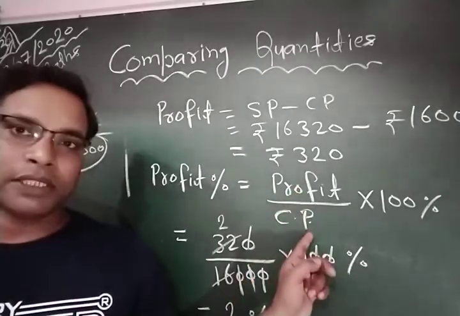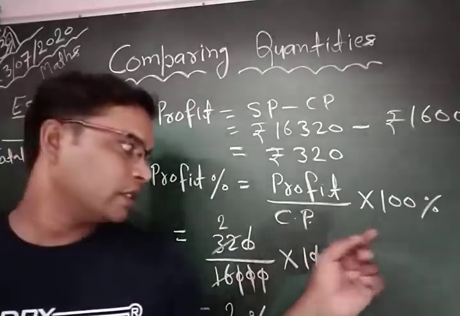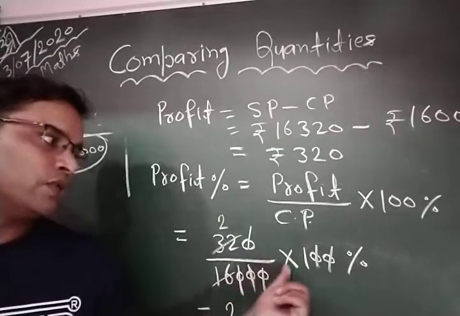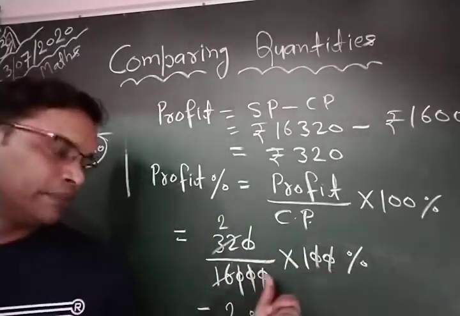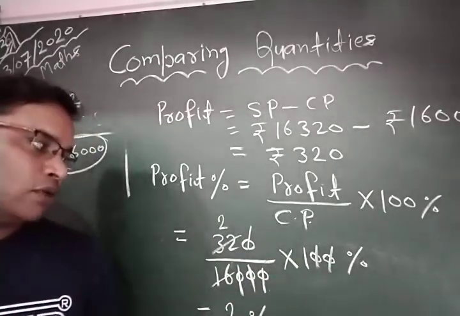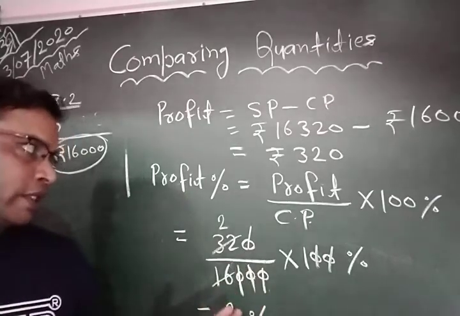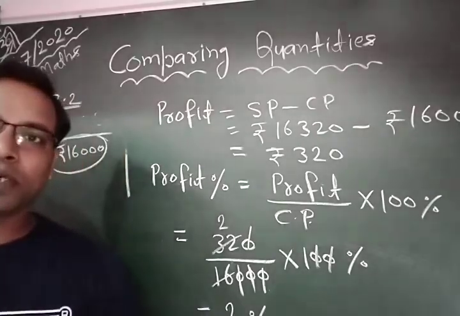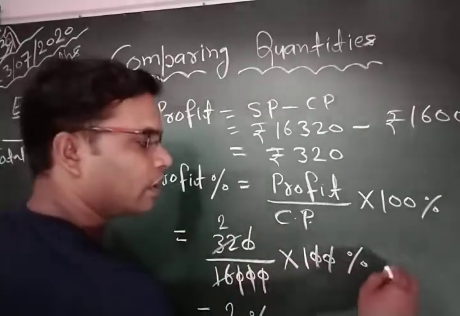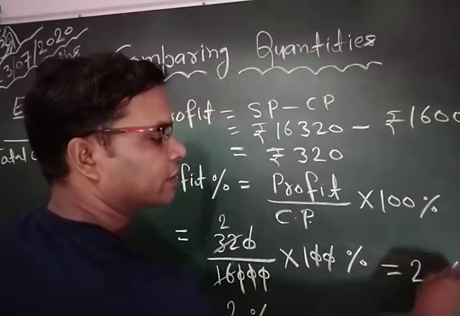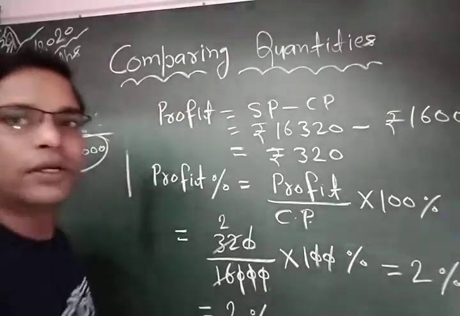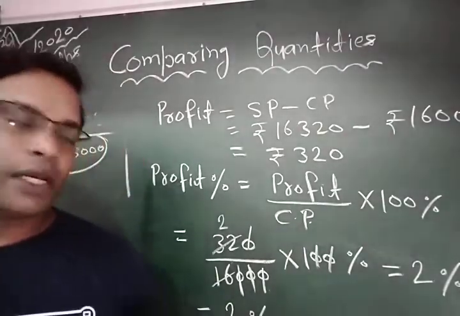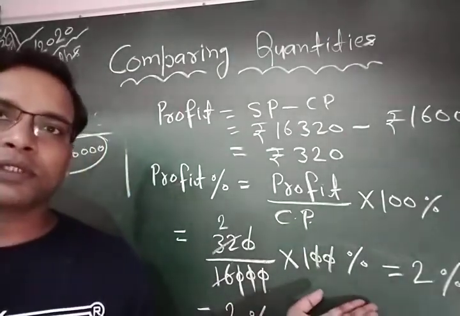So it is 320 by 16,000 into 100%. We simplify it and find profit percentage is equal to 2%. So you can say in the whole transaction we find 2% profit. Students, I hope all of you understood question number 5.